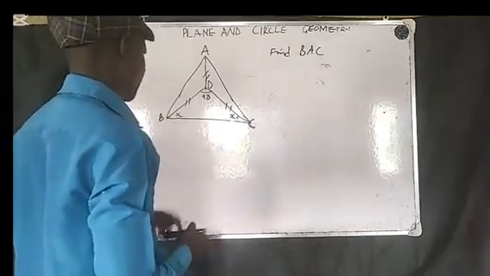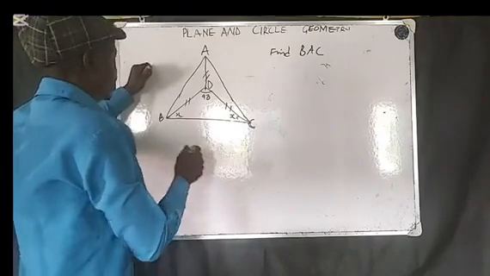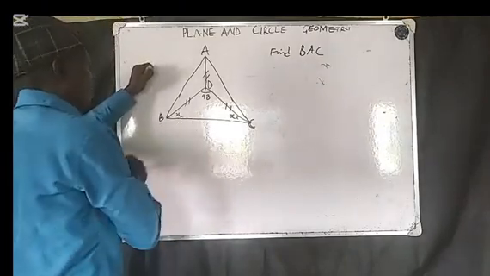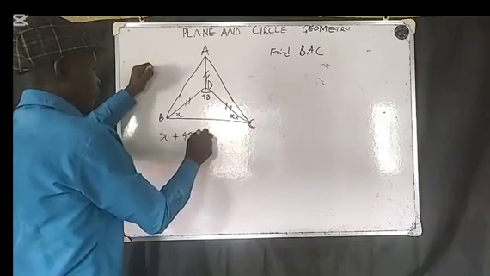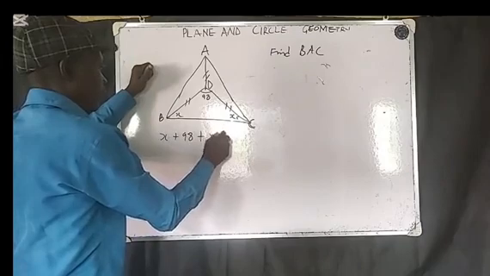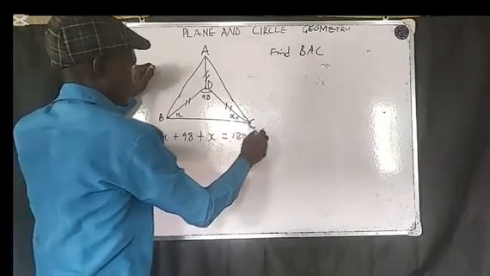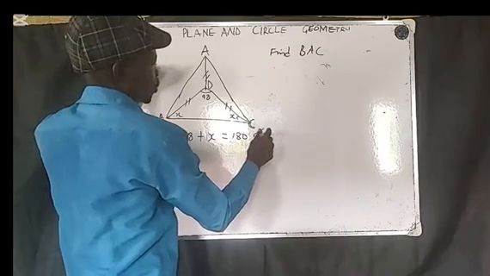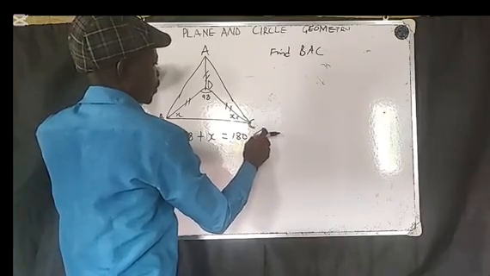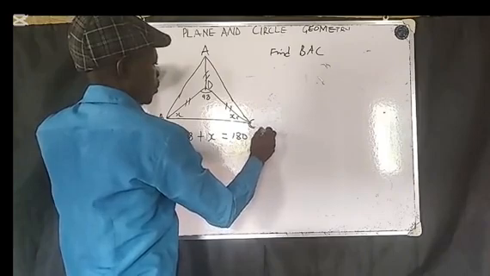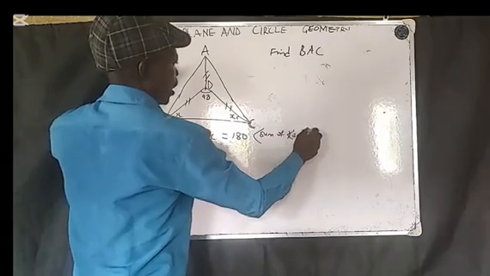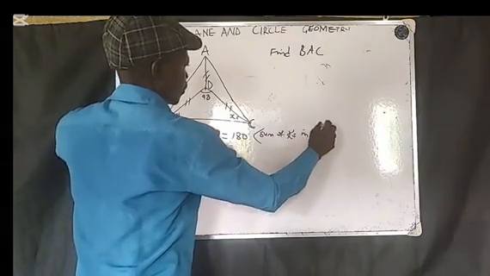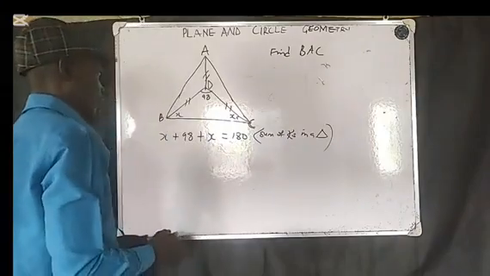So if this place is 98, then to find our x, we will say x plus 98 plus another x equals 180. Reason: sum of angles in a triangle.